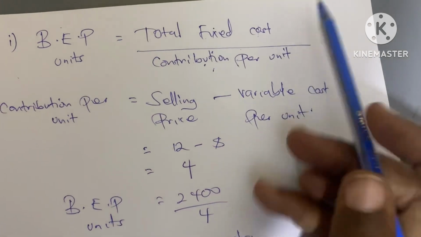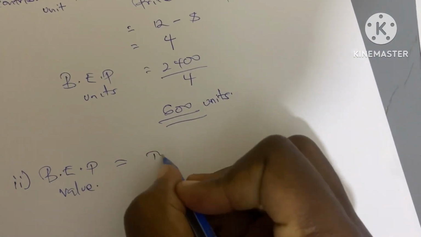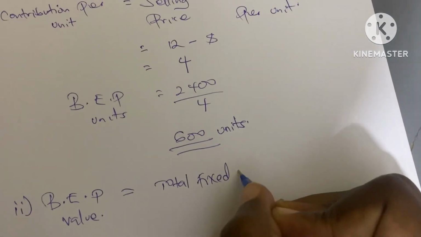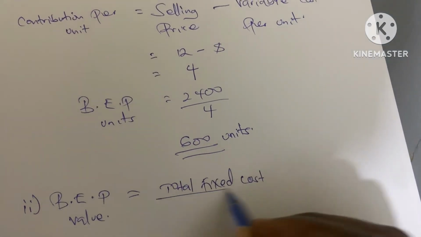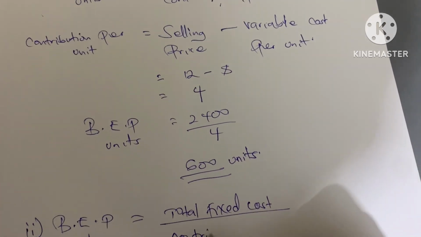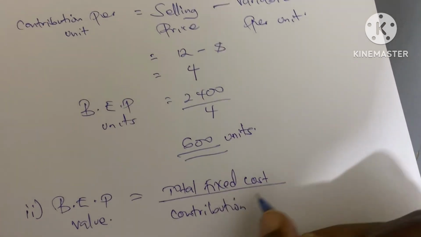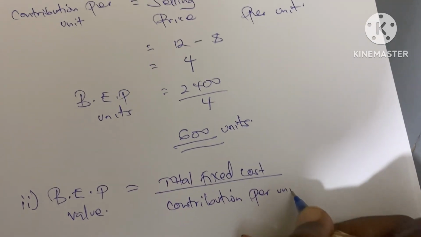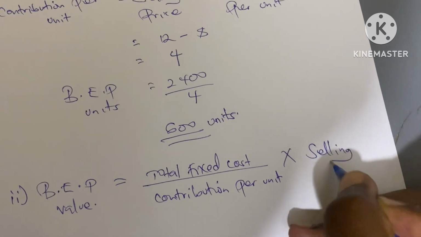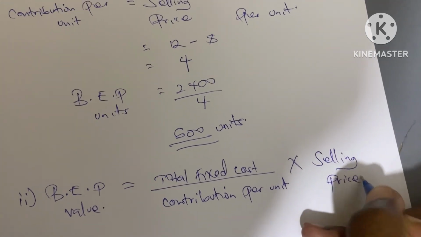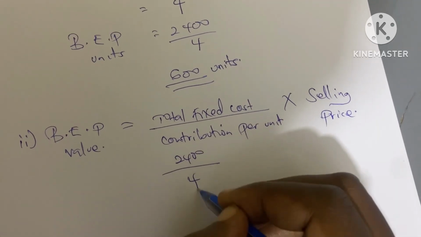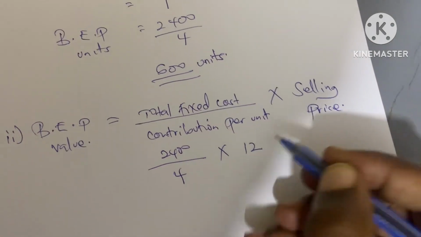So total fixed cost divided by contribution per unit, times the selling price. So it is 2,400 out of 4 times the selling price, which is 12.